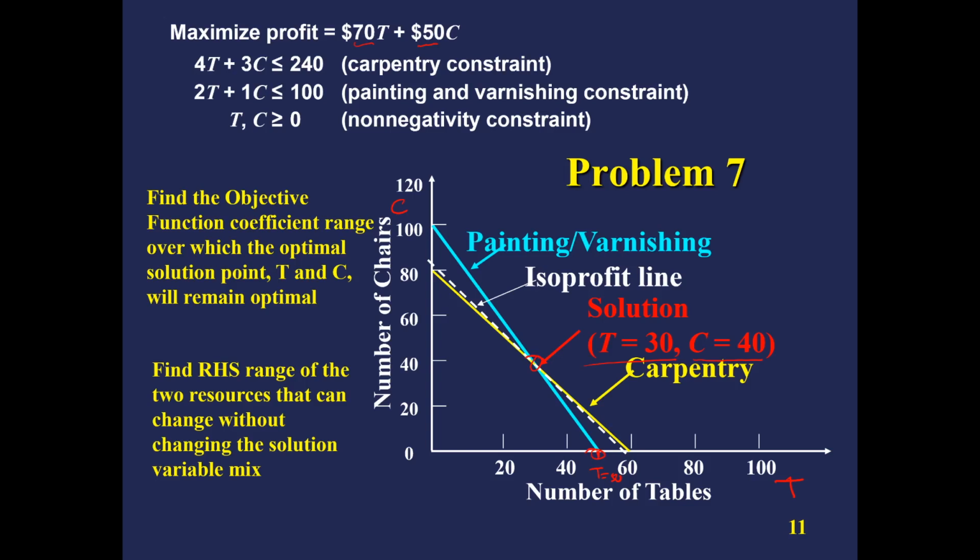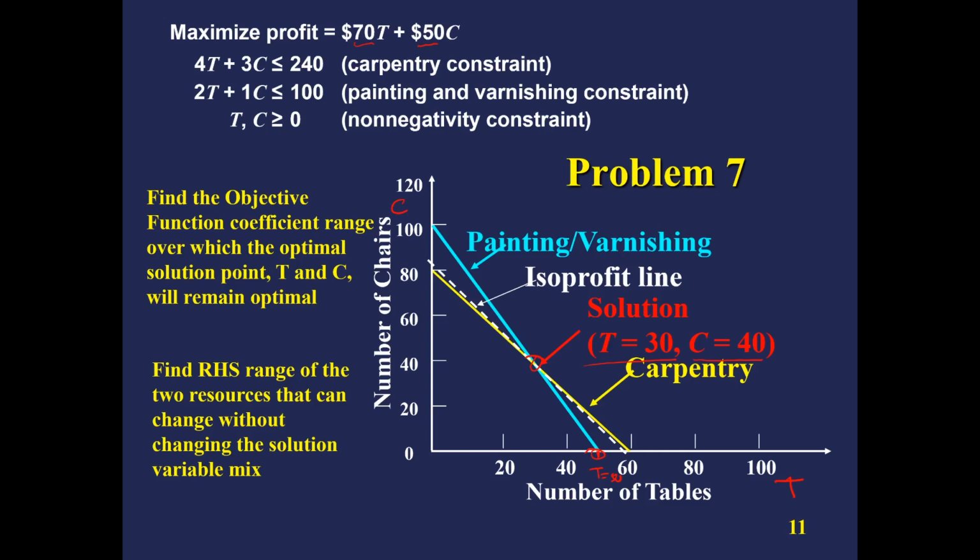We plug in these values in the constraint to get Q1 minimum.